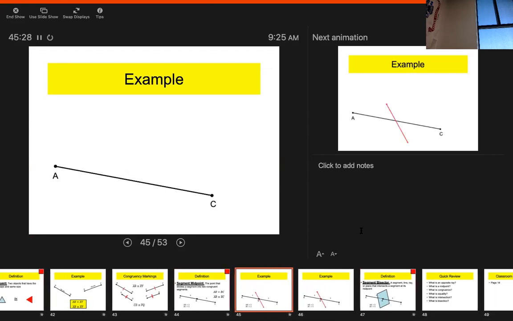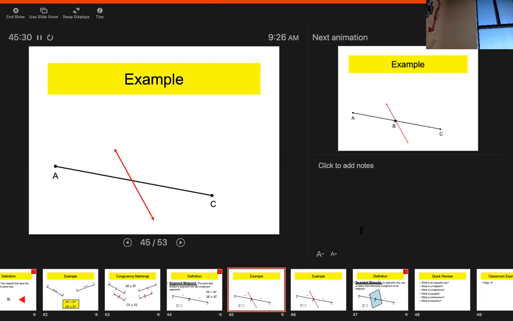All right, quick example, right? Wait, what's that red thing? That's a line. Could a line go through a midpoint? Sure can. Our book has a bad habit of when two things intersect, they don't put a dot. There's no dot there.